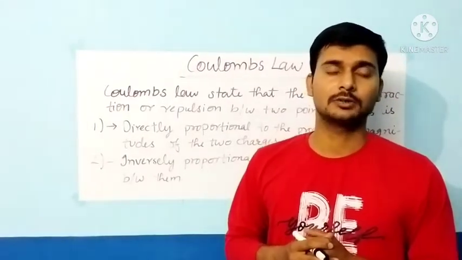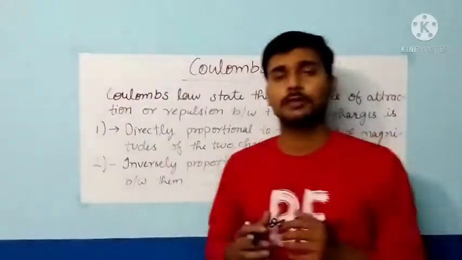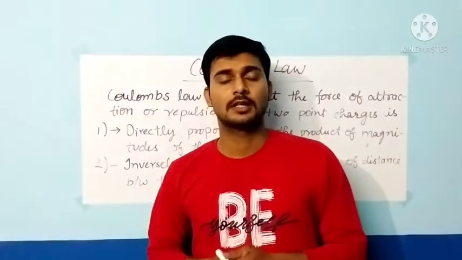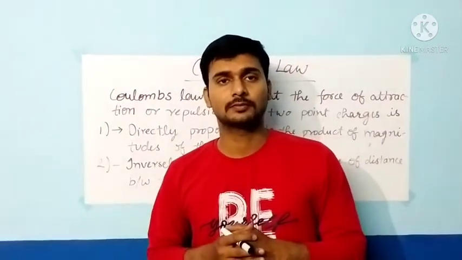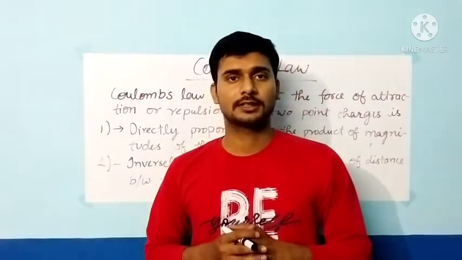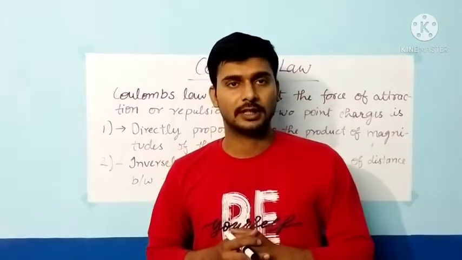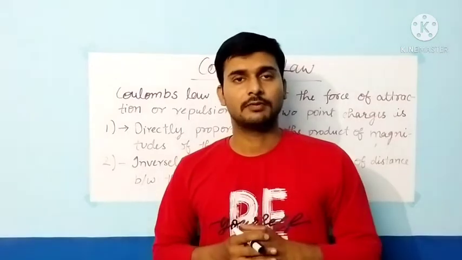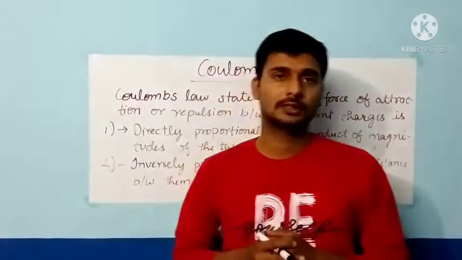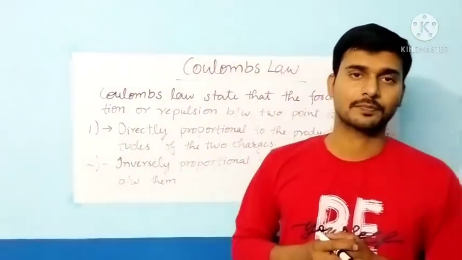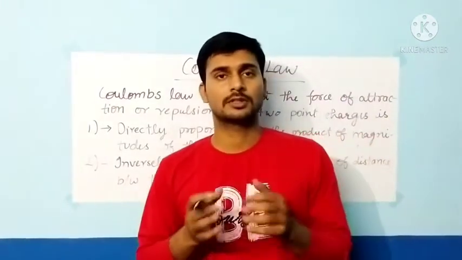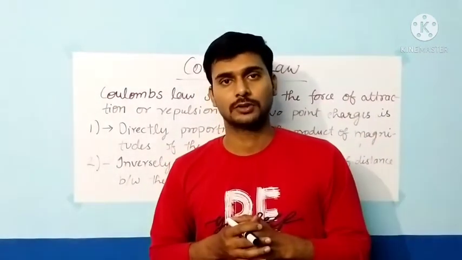Regarding the calculation of force between two point charges, Charles Augustin Coulomb, a French scientist, gave a law. The law is very famous and is known as Coulomb's law. It is also known as Coulomb's law of electrostatic force.